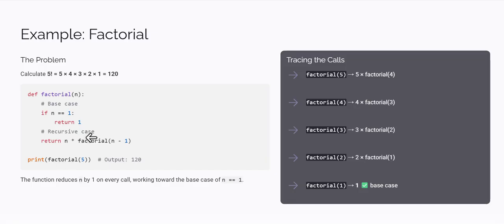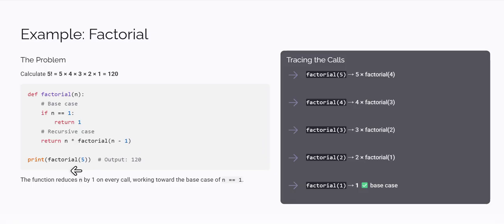Here you mention a condition that when n reaches 1, return 1, meaning stop over there. That is the base case that you have specified. Let's suppose you took n's value 5. 5 star factorial 5 minus 1 is 4. Okay, it did like this.